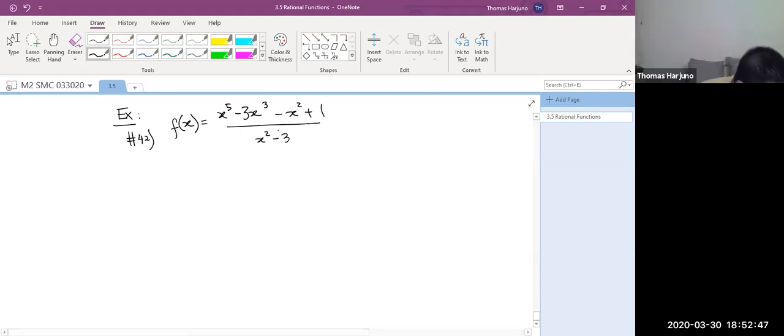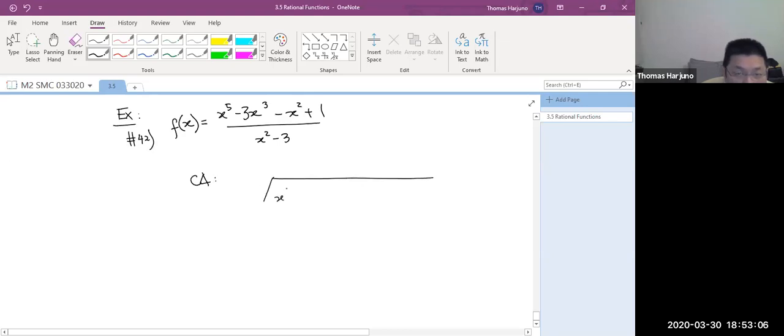The question is to find the curvilinear asymptote. I would just go ahead with the curvilinear asymptote. You can find the domain, the x-intercept, y-intercept, vertical asymptote, and so on and so forth yourself. But how to find the curvilinear asymptote, I basically divide.